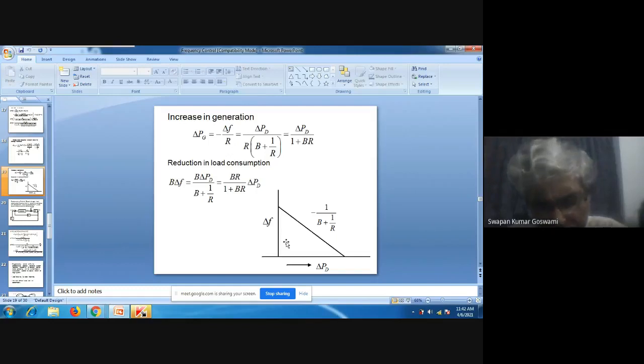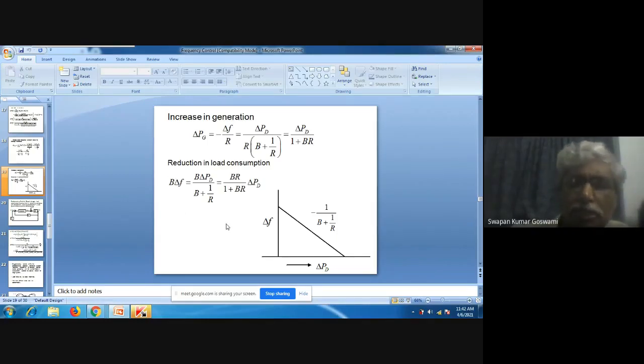You cannot limit it. What the governor can do, together with the action of the load, is restrict it somewhat.